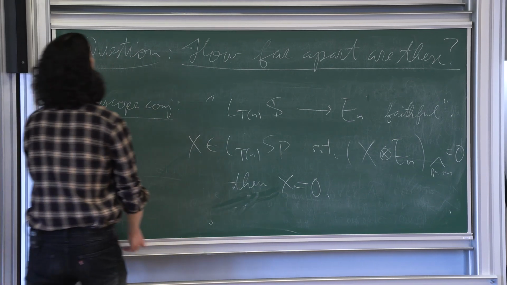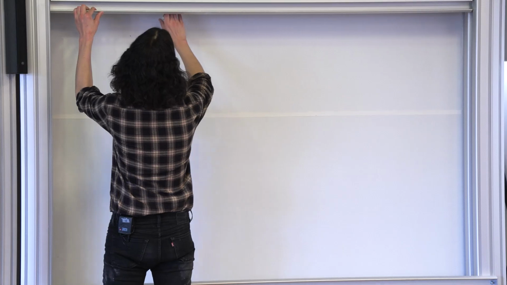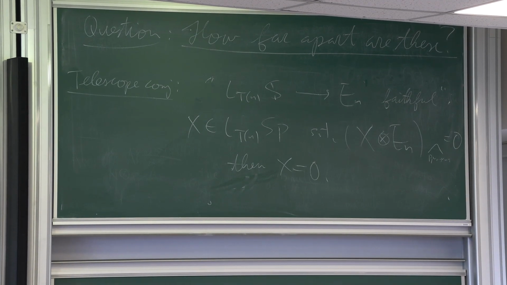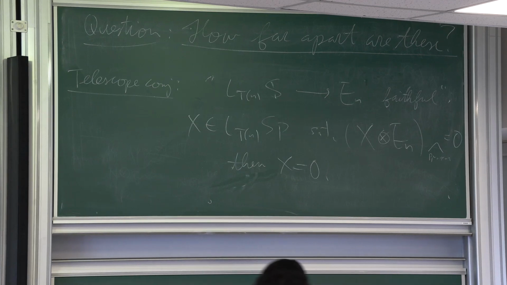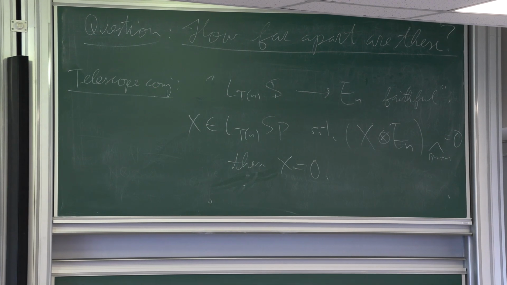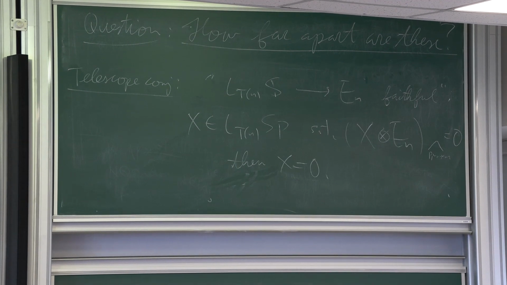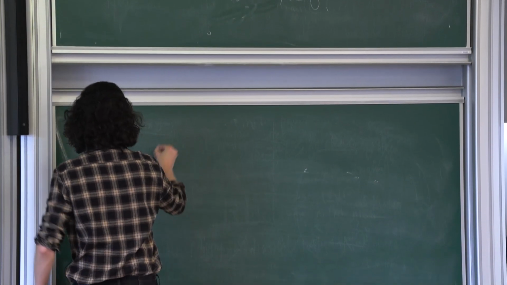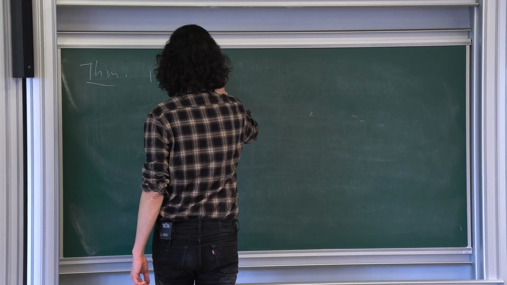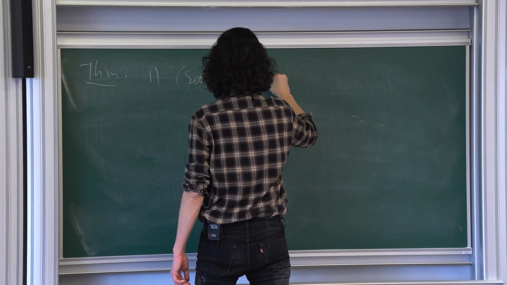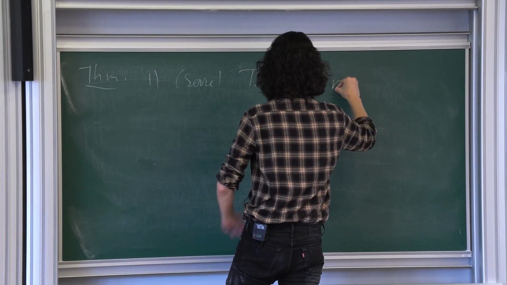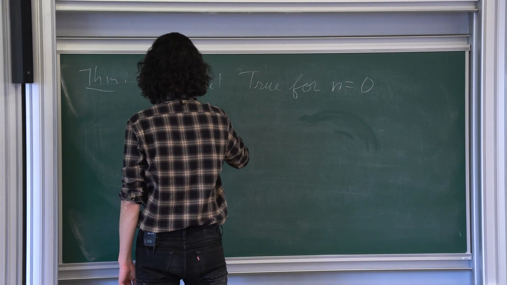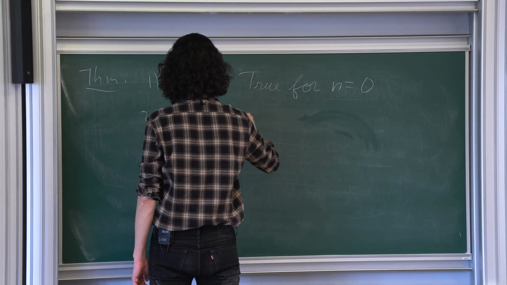And there's a theorem. So maybe first, Serre. It's true for n equals 0. Height 0, it's true. Then we have Hesselholt and Miller.